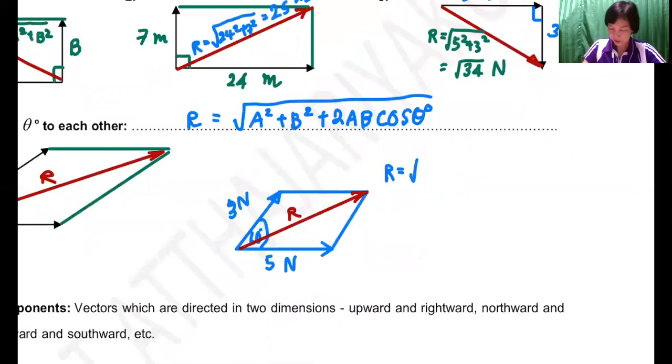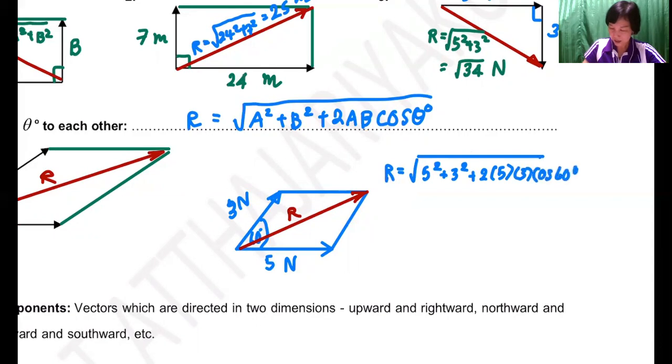R is equal to the square root of what? The magnitude of the first vector, which is 5 squared, plus 3 squared, plus 2 times, I let 5 be the first vector, 2 times 5 times 3 times cos 60.